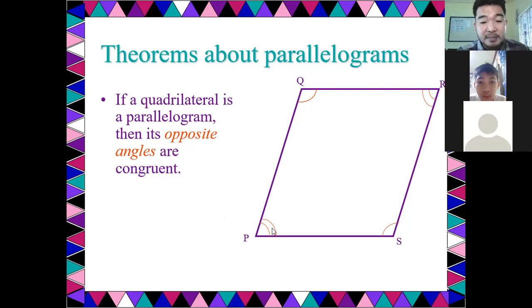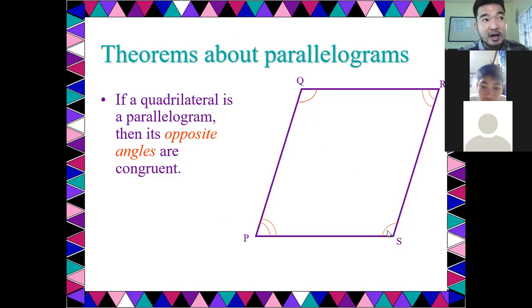Si angle P 75. Anong measurement ni angle R? 75 po. Very good. So si angle R is also 75.